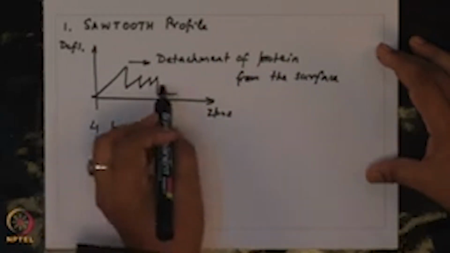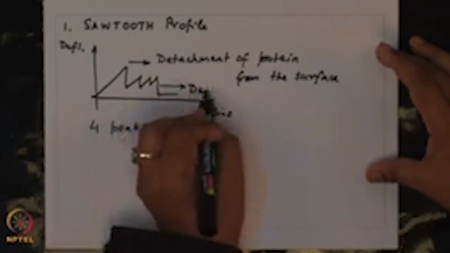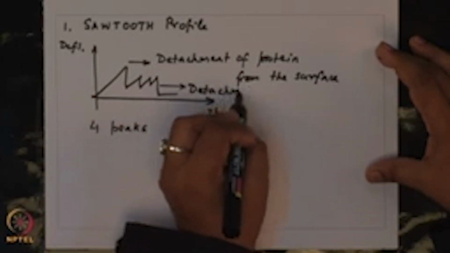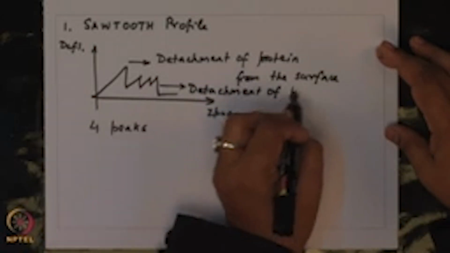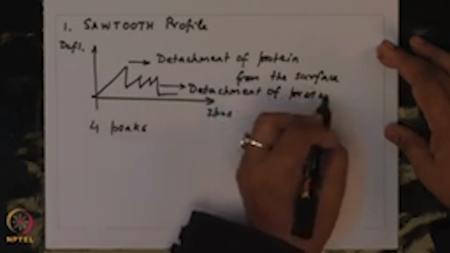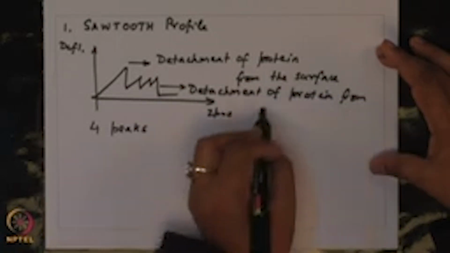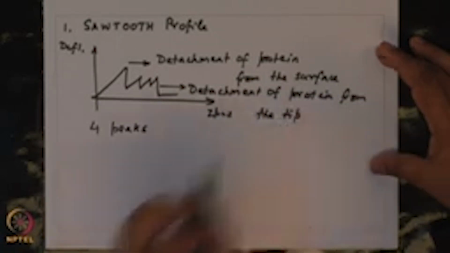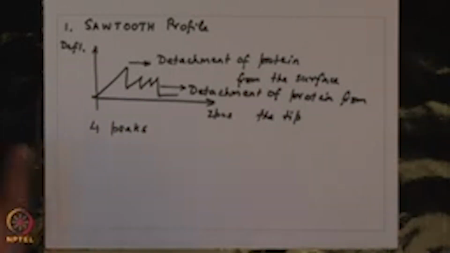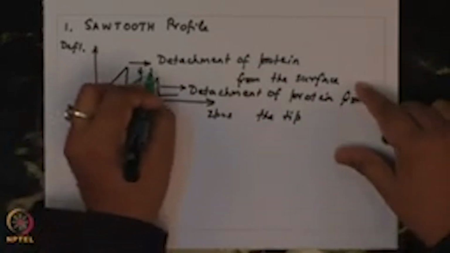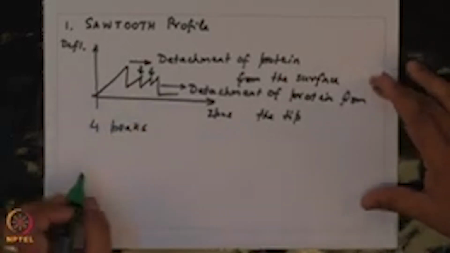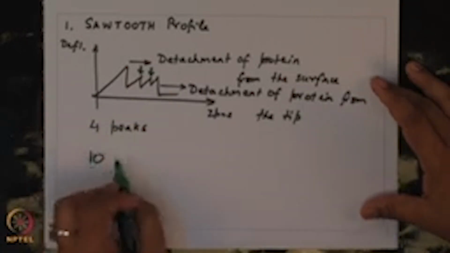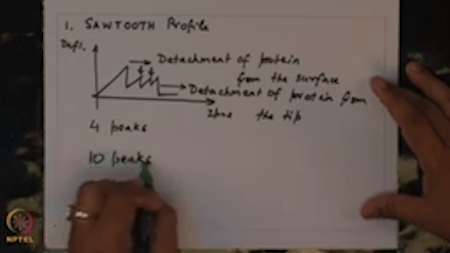The last peak corresponds to detachment of the protein from the tip. Essentially, the middle peaks are your data peaks for your protein of interest. Typically, let us say you get a total of 10 peaks in a given experiment.